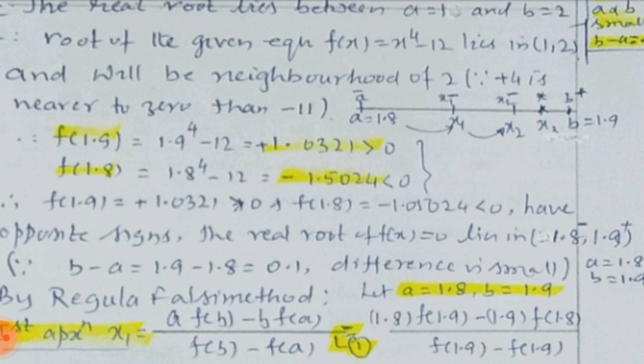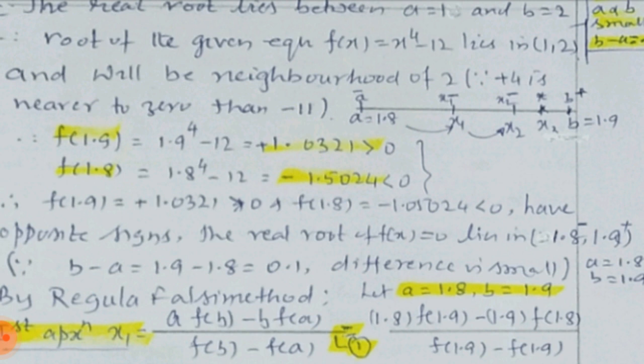Since b minus a is equal to 1.9 minus 1.8 is equal to 0.1, observe the difference of these two is 0.1. It is small enough. By regula falsi method, the first approximation is given by x1 is equal to a into f of b minus b into f of a divided by f of b minus f of a.